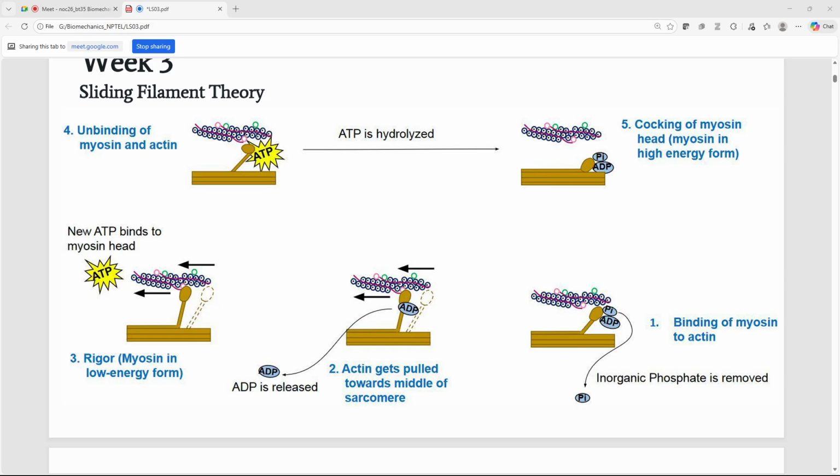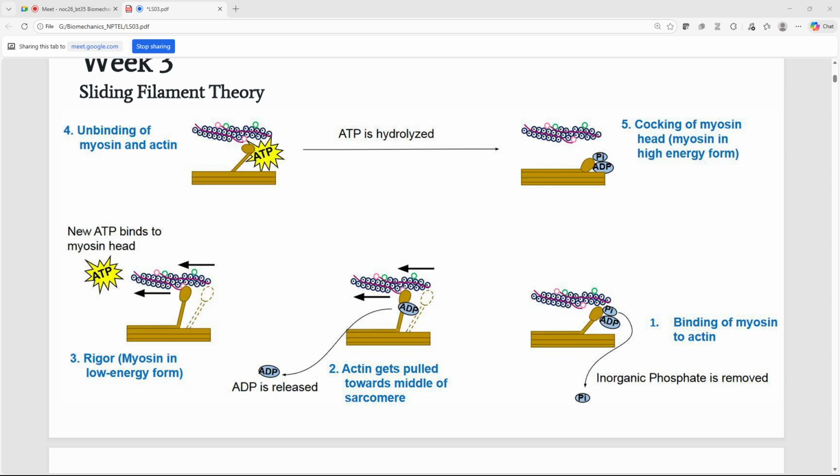When motor neuron excitation happens or some neural signal is triggered in a neuromuscular junction, there will be an action potential in the muscle fiber. After that, calcium ions, Ca2+ ions, will be released by the sarcoplasmic reticulum, and this calcium binds with the troponin. This troponin binding will shift the tropomyosin and eventually expose the myosin binding sites.